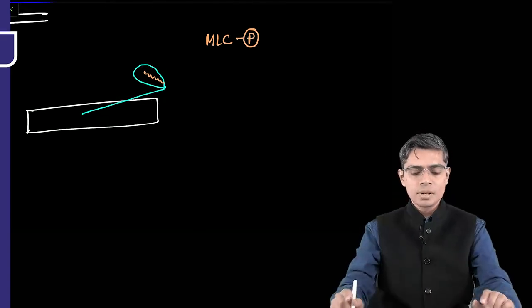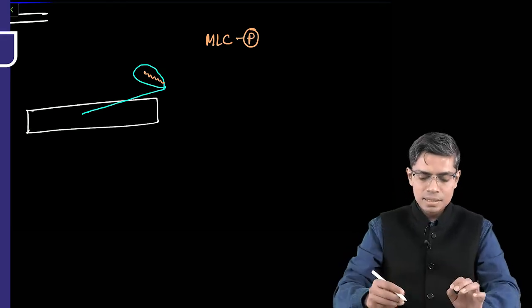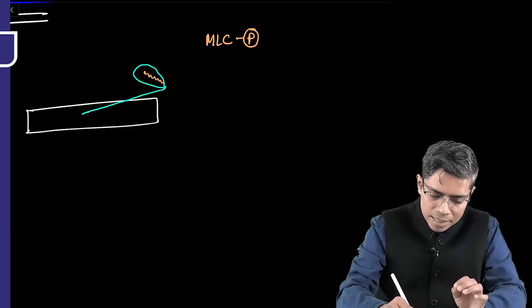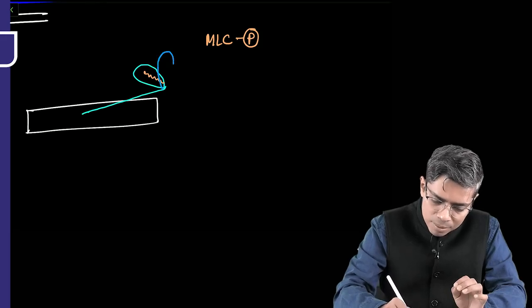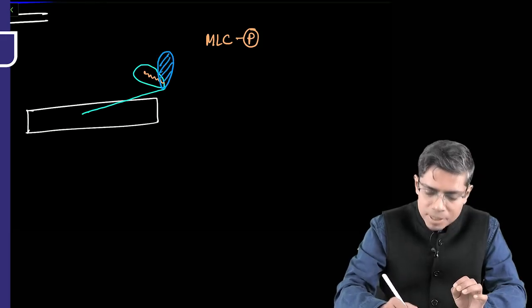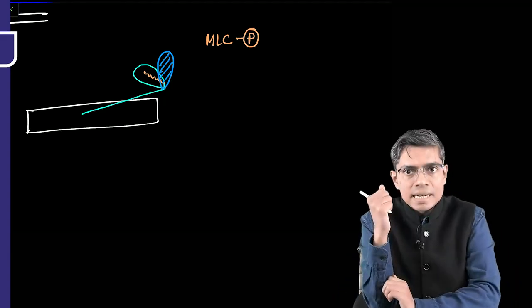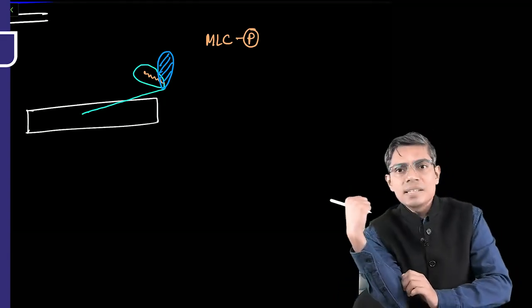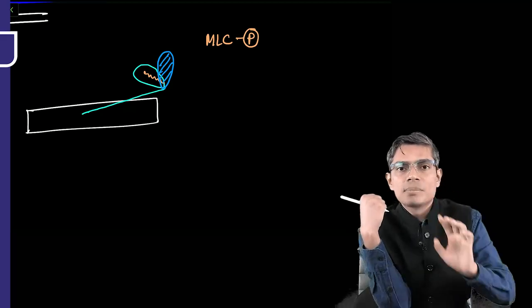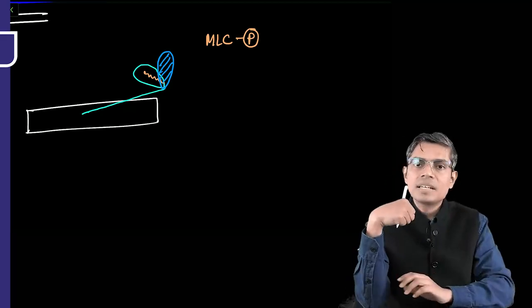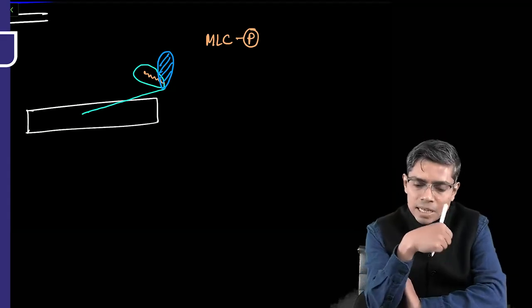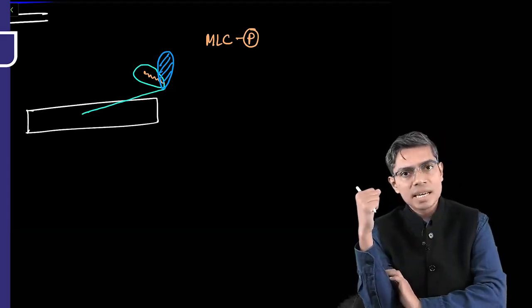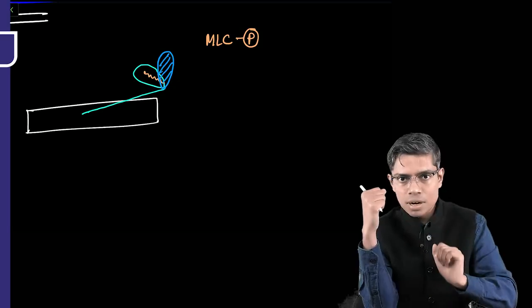Why? Whenever you phosphorylate this, there will be an increase in the angle of this myosin head. What do you mean by that? Normally the myosin head remains at a 90-degree angle in skeletal and cardiac muscle, but in smooth muscle it remains at a much lesser angle. So I have to increase the angle of the myosin head to start the contraction.